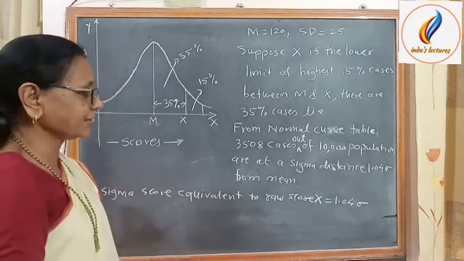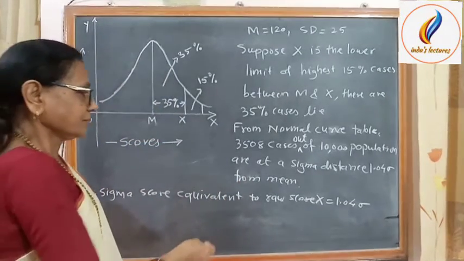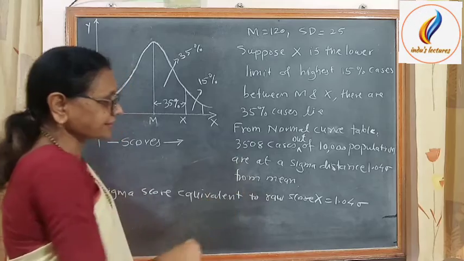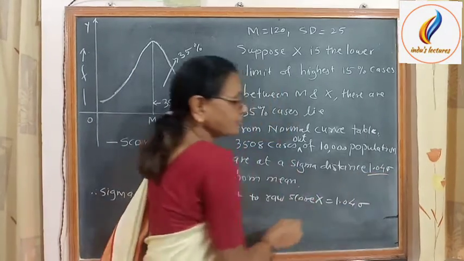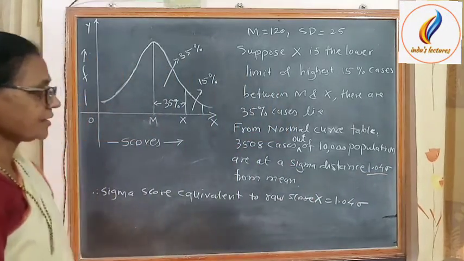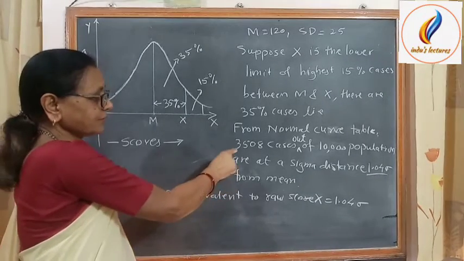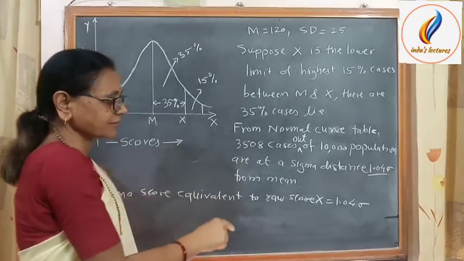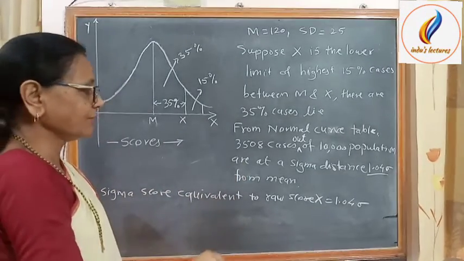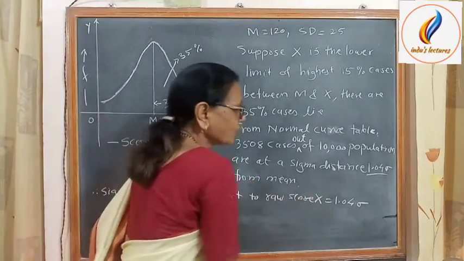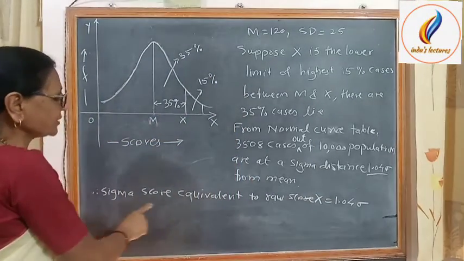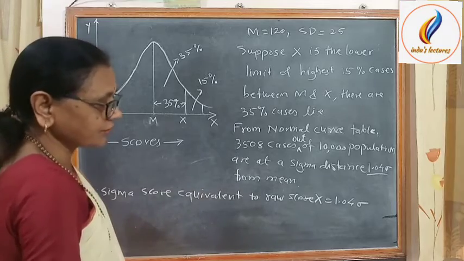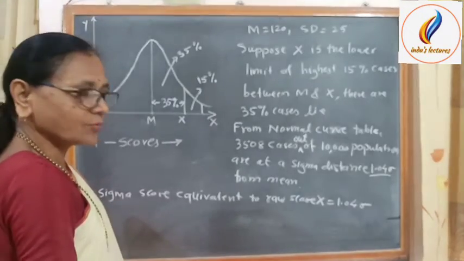Or we can say that there are approximately 35% cases between the mean and 1.04 sigma. Therefore, the sigma score equivalent to the raw score is equal to 1.04 sigma.